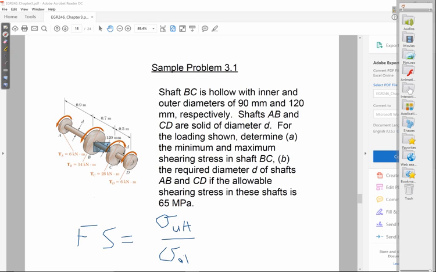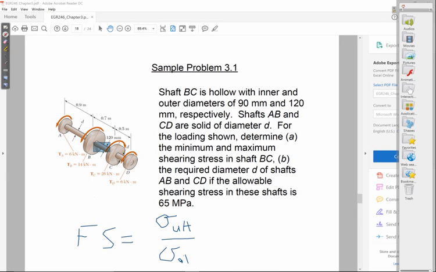When it comes to shear stresses, it's the same thing. Your factor of safety is your tau ultimate, your ultimate shear stress, divided by your allowable shear stress. So anytime you're given an allowable shear stress, or an allowable stress for that matter, what that means is a factor of safety has already been applied. So rather than using the ultimate stress, you are going to use that allowable stress.